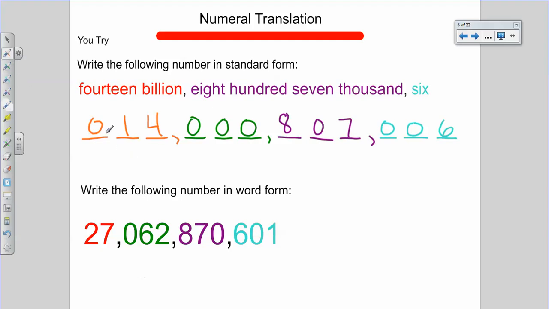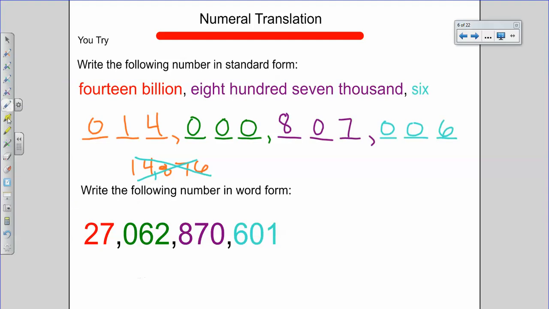If you don't put those zeros in, this is what my number would really look like. My number would really be 14,876. 14,876 is not anywhere close to 14 billion. So that's why it's important that we put in our place value holders.